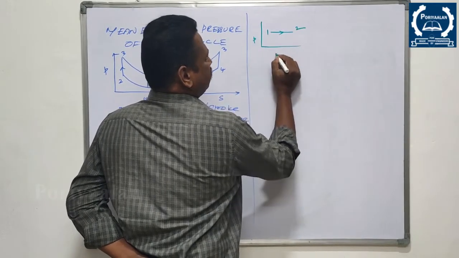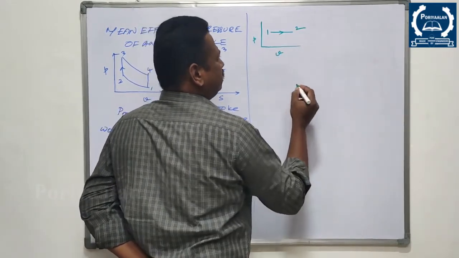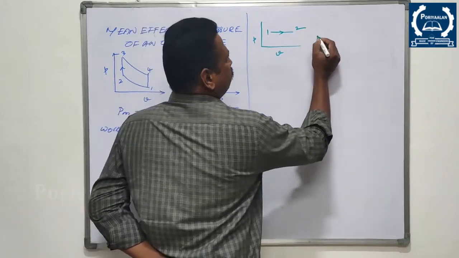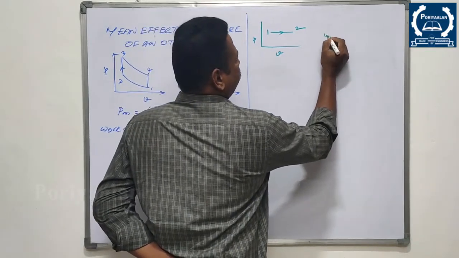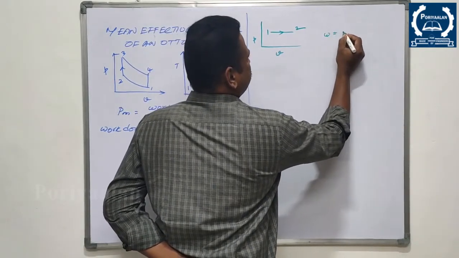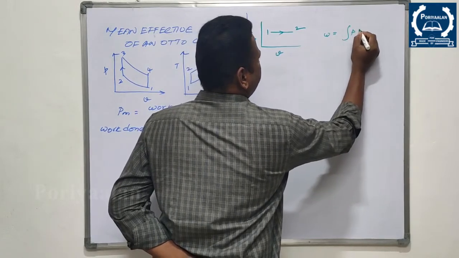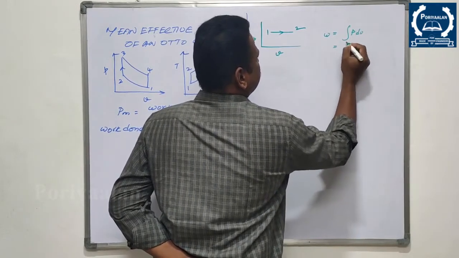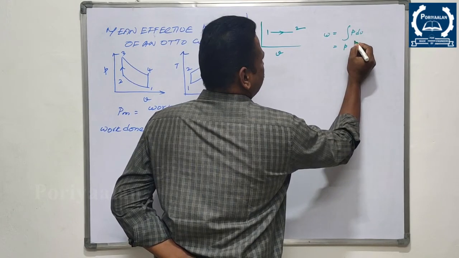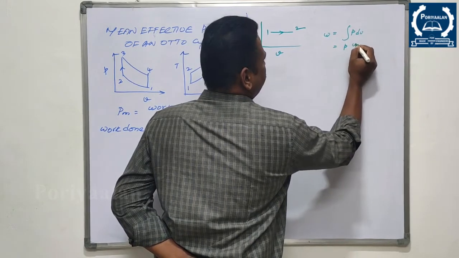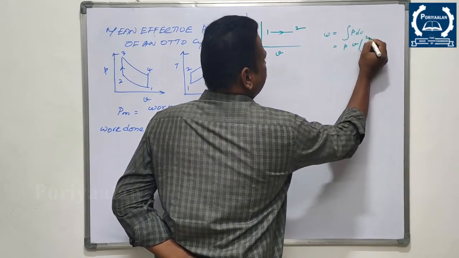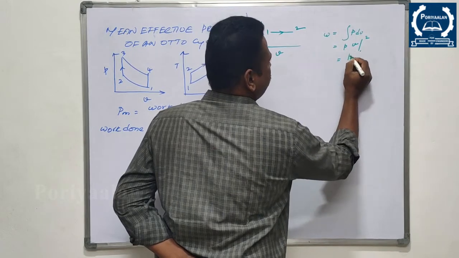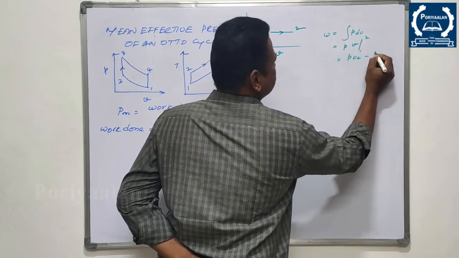You all know that work done for this constant pressure process will be the integral of P dV. P can be taken outside, then the integral of dV will give V within limits 1 to 2. So this becomes PV2 minus PV1.